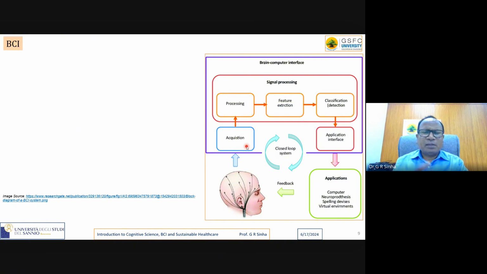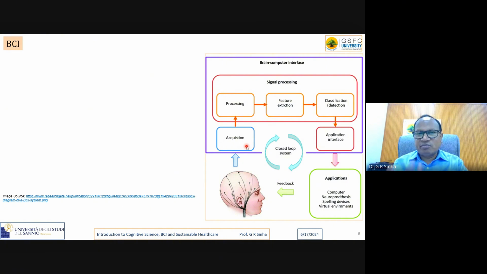All right. Pre-processing is needed because raw data, when you capture it, is not suitable for the computer. You make it appropriate so that meaningful information can be interpreted by the computer. When you capture raw brain data, it may have some artifacts, noise or unwanted signal because of many factors.